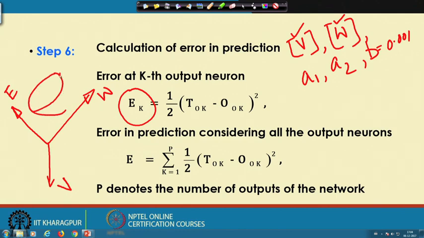Our aim is to reach a particular solution which corresponds to the minimum error in prediction. So, this is the 3D plot of this error surface. There is a possibility that initially I will start from here or from here, then gradually this algorithm is going to reach the optimal solution, that is, the solution corresponding to the minimum error in prediction.